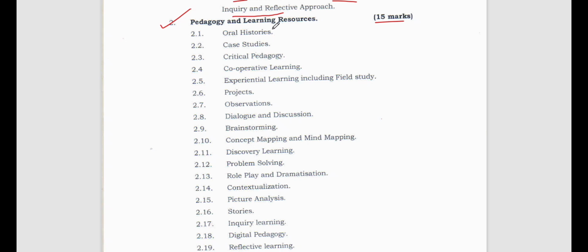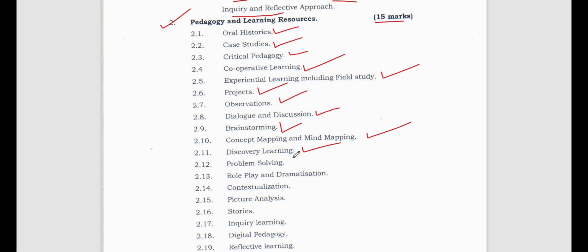So what is oral history? Oral histories you need to know, case studies you need to know, critical pedagogy, cooperative learning, experiential learning including field study. Then what are projects, what are observation method, dialogues and discussions, brainstorming is very important, concept mapping and mind mapping very important.